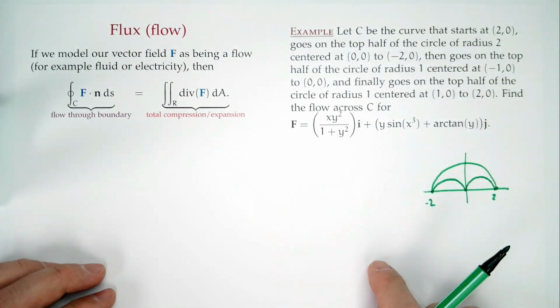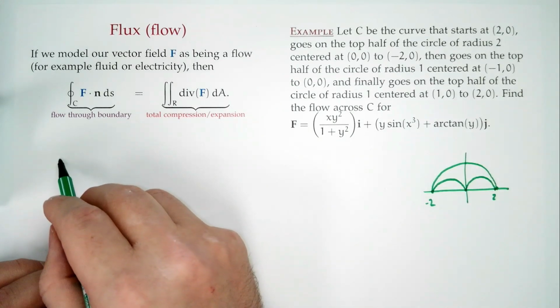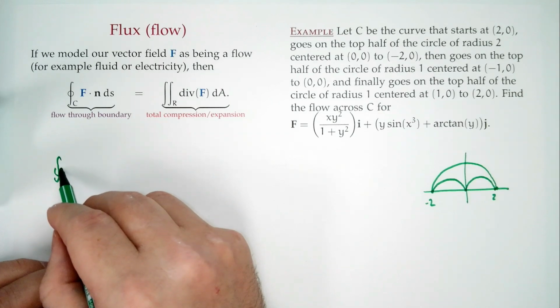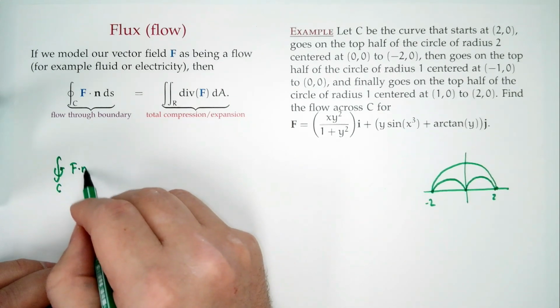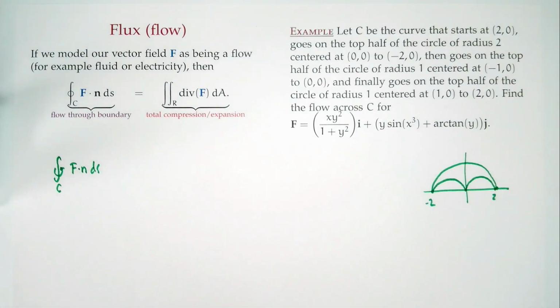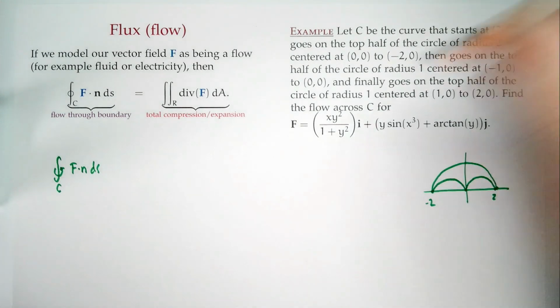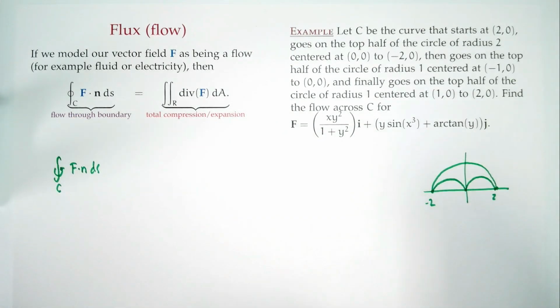All right, so if we're looking for flow, that says I want to integrate along my curve of f dot n ds. And one more thing, and I'm sorry, I'm going to interrupt myself, but I just want to point something out. This is flow through a boundary. You don't actually have to be a closed curve to talk about flow through a boundary.